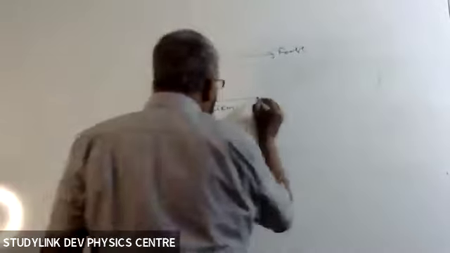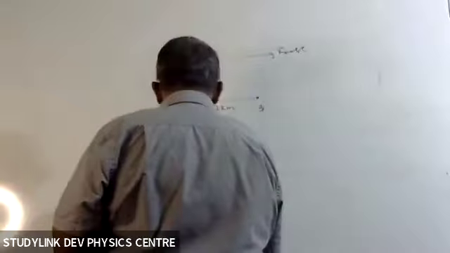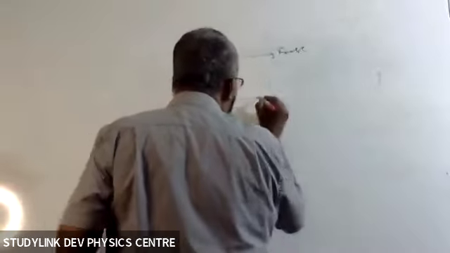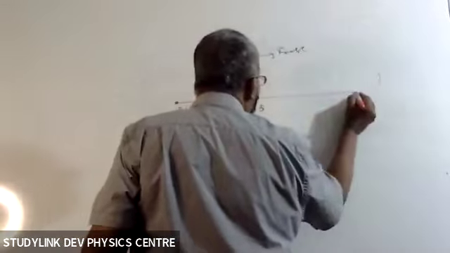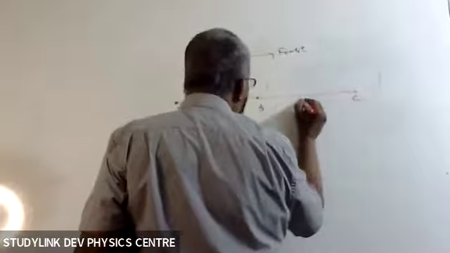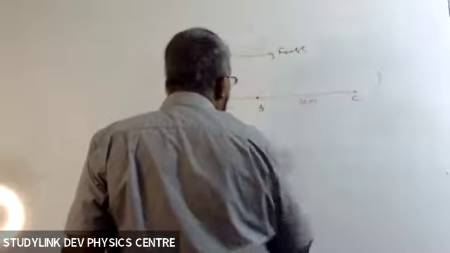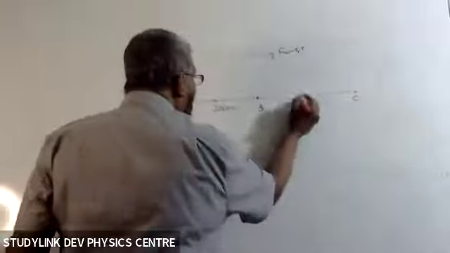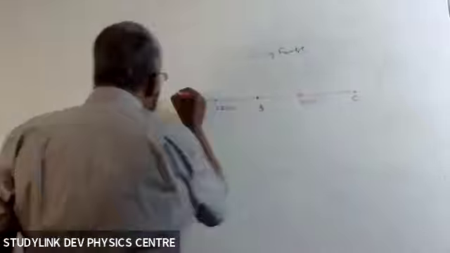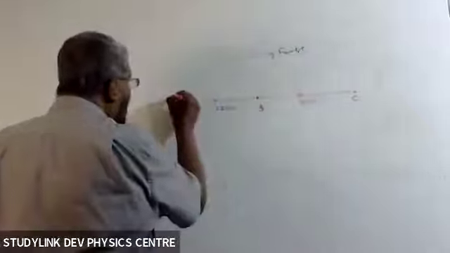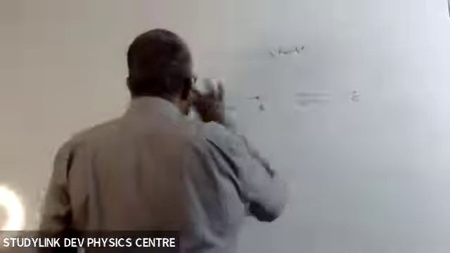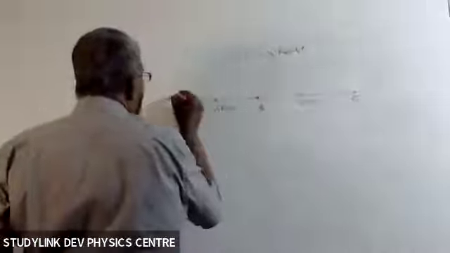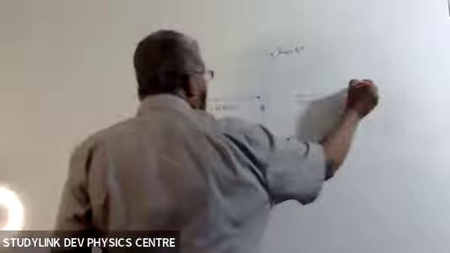Then from B again in the same direction, 3 kilometers. Then the car started here, and the car is here now.